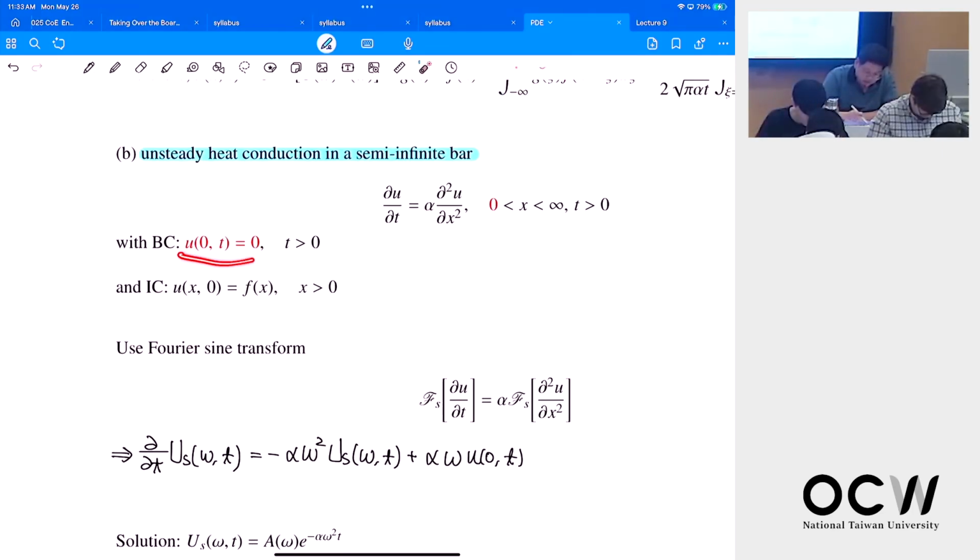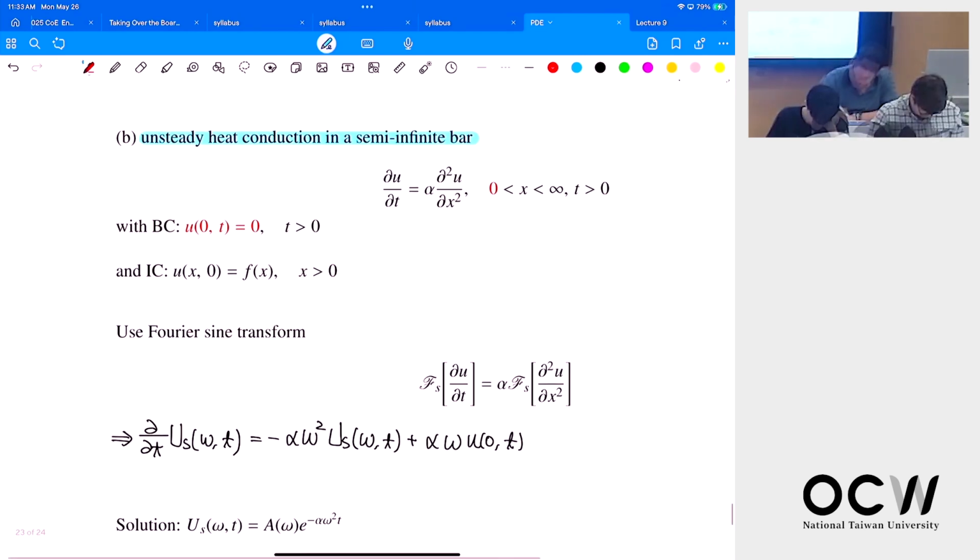And since our boundary condition, when x is 0, is 0, this term goes to 0, because of the boundary condition.